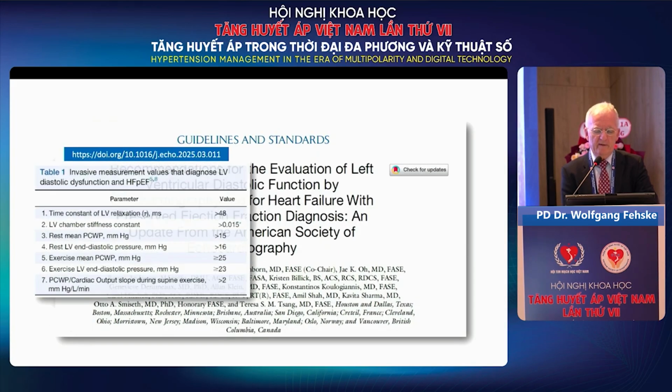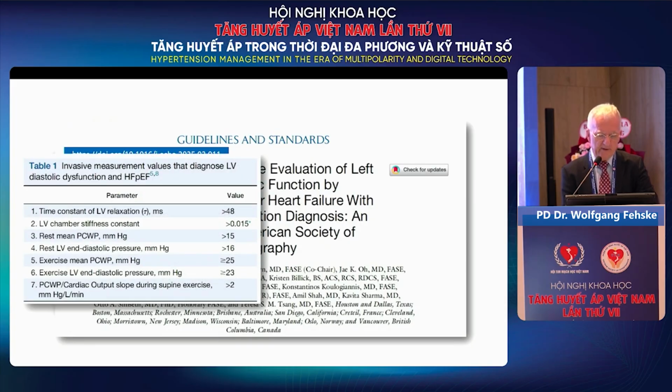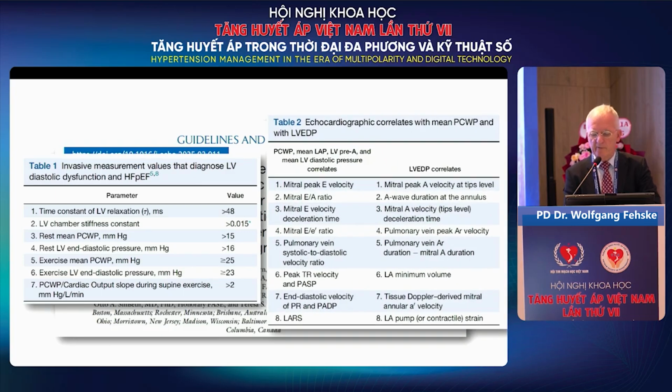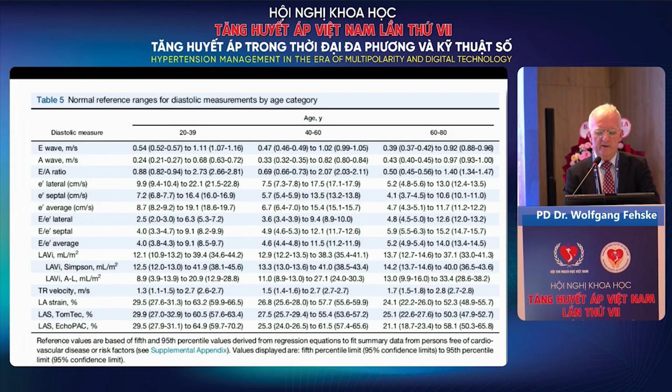And at the end, they show us that these are the parameters that you should find out by high sensitive pressure measurements in the left ventricle, and these are the parameters that you could find by echocardiography. It is not time enough to go through all these parameters, but it is obvious that they are not equal to each other. You must really try to combine several parameters, and it is, in my eyes, not really too complicated to understand that.